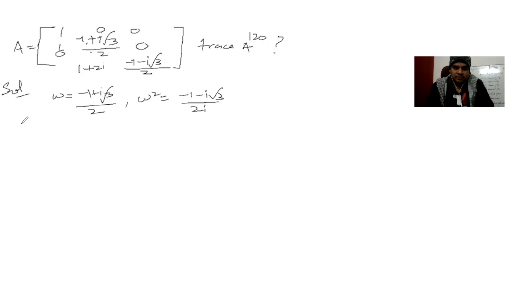If we take the trace of A power 120, the eigenvalues of A power 120 will be the power 120 of these three eigenvalues 1, omega, omega square. So the trace will be the sum of these three: 1 plus omega power 120 plus omega square power 120.